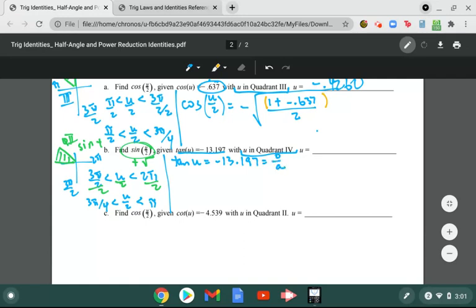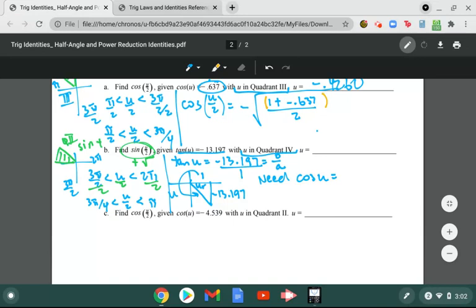If I were just to graph this guy, u lives in quadrant 4, so it lives over here. That's u. So my little reference angle, that guy lives there. So I can think of opposite as being negative 13.197 and adjacent being 1. I need cosine.